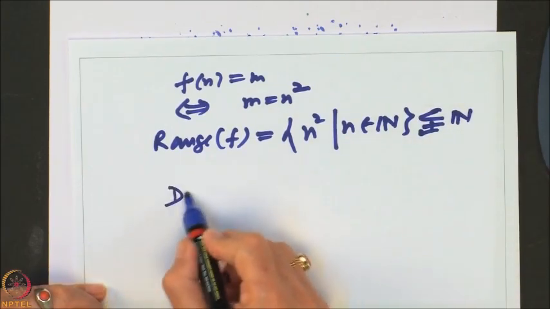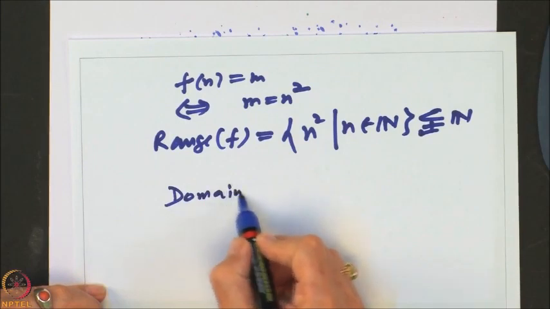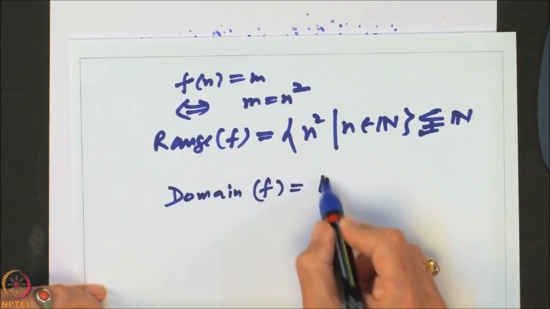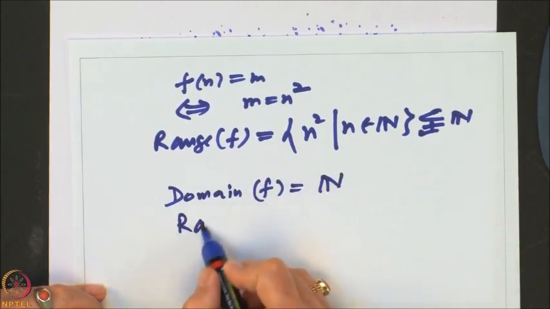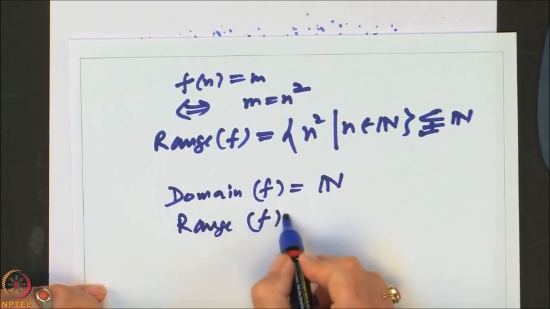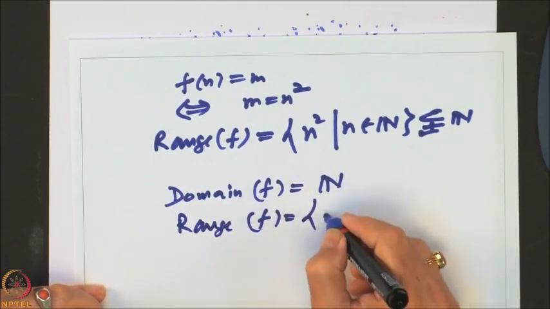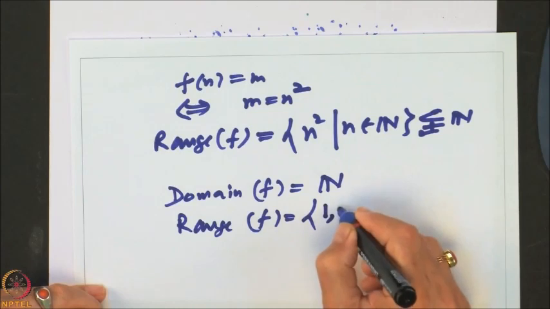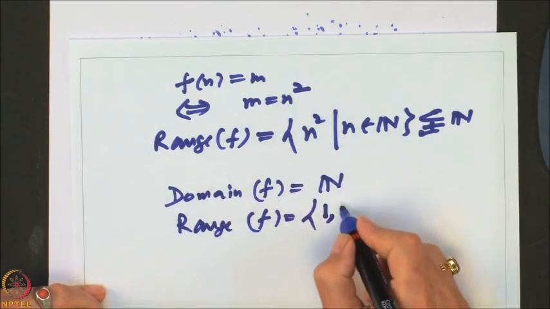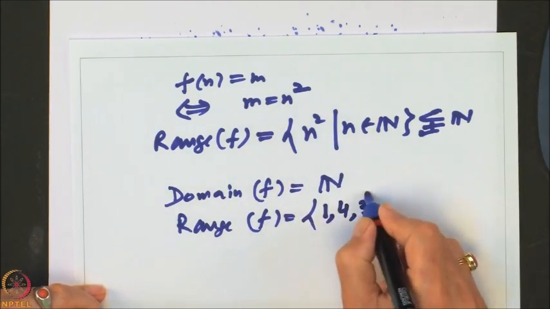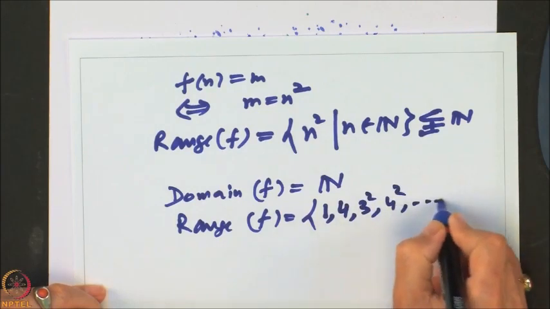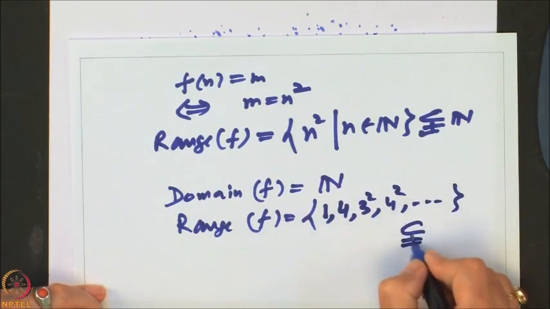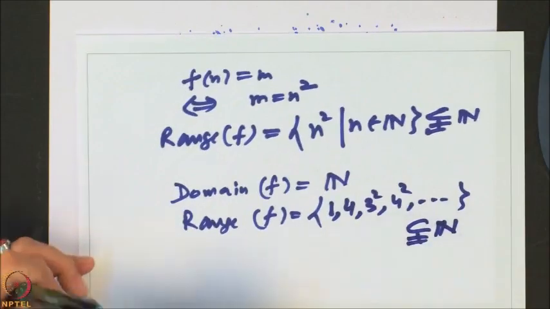So, the domain of this function is equal to N and the range of f is equal to all numbers 1, right. 1 square is 1, 2 square is 4, 3 square, 4 square and so on, which is a proper subset of N. So, codomain is something which can be bigger than the range of the function.